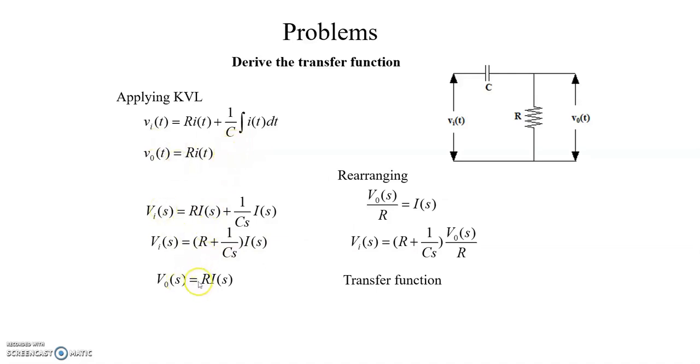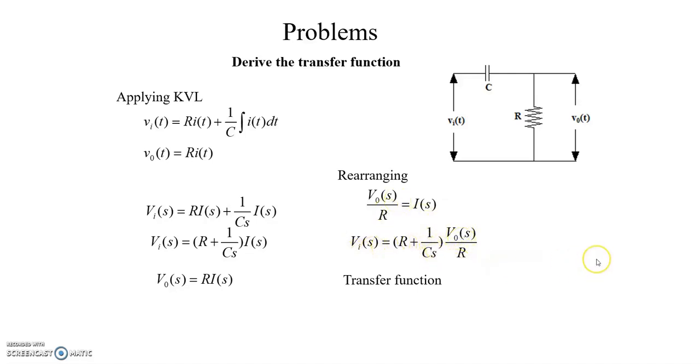V naught of s is equal to R into I of s. Rearranging, V naught of s by R is equal to I of s. Substitute this I of s into the equation: Vi of s is equal to R plus 1 by Cs into V naught of s by R.